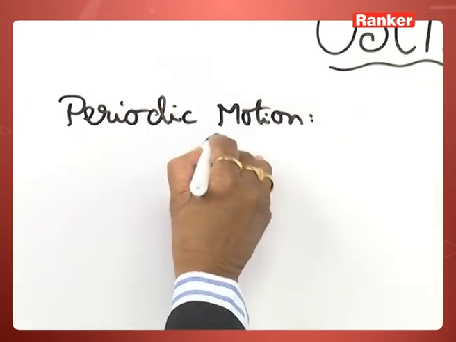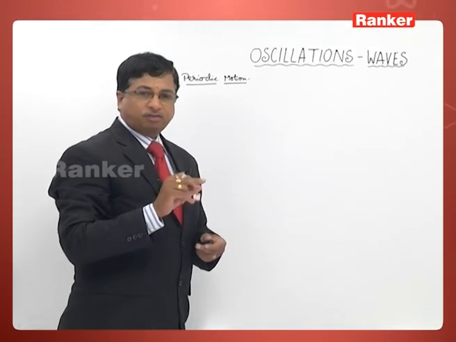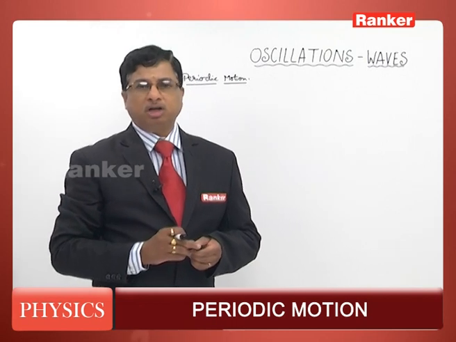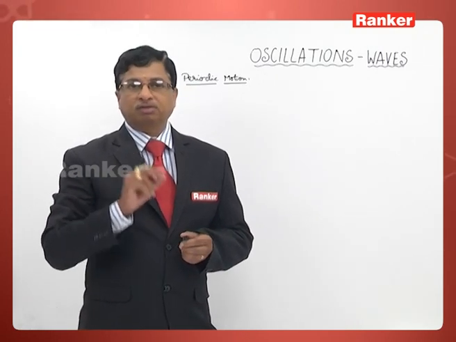When we observe the motion of a body is repeated itself at regular intervals of time, then we can call it as periodic motion. I repeat, when the motion of a body is repeated itself at regular intervals of time. What do you mean by this?